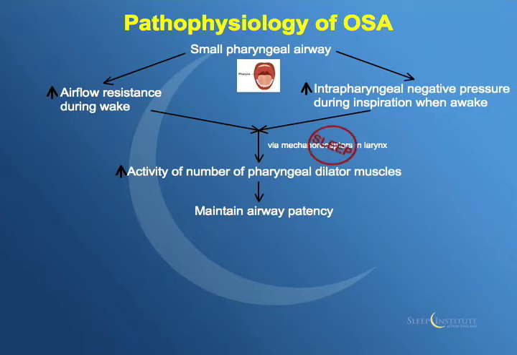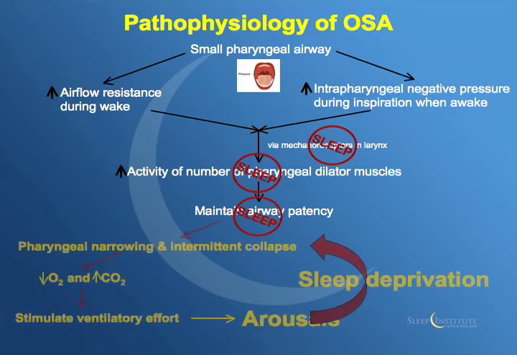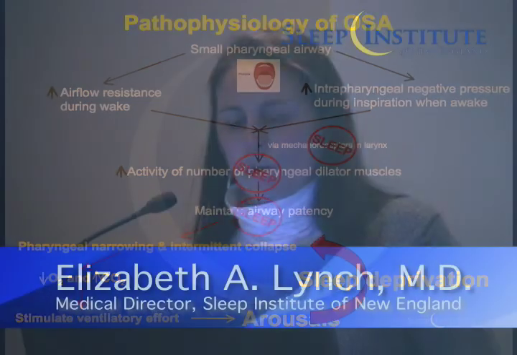However, with sleep, you don't have the mechanoreceptors working very well. You're not able to stimulate your dilator muscles. You don't maintain your patency, and then you have pharyngeal narrowing, intermittent collapse, hypoxia, hypercarbia, which stimulates your ventilatory drive, causes arousal, sleep deprivation, and then there's a vicious cycle happening.